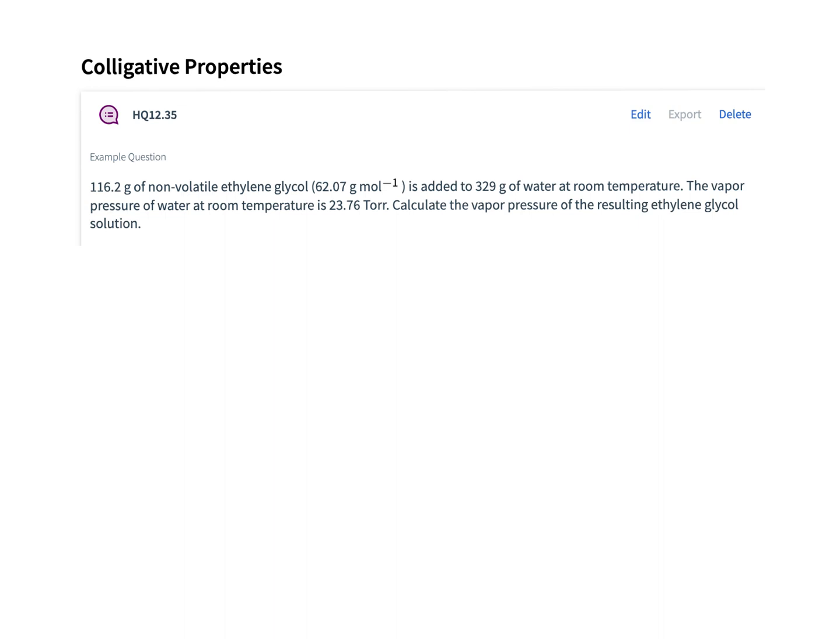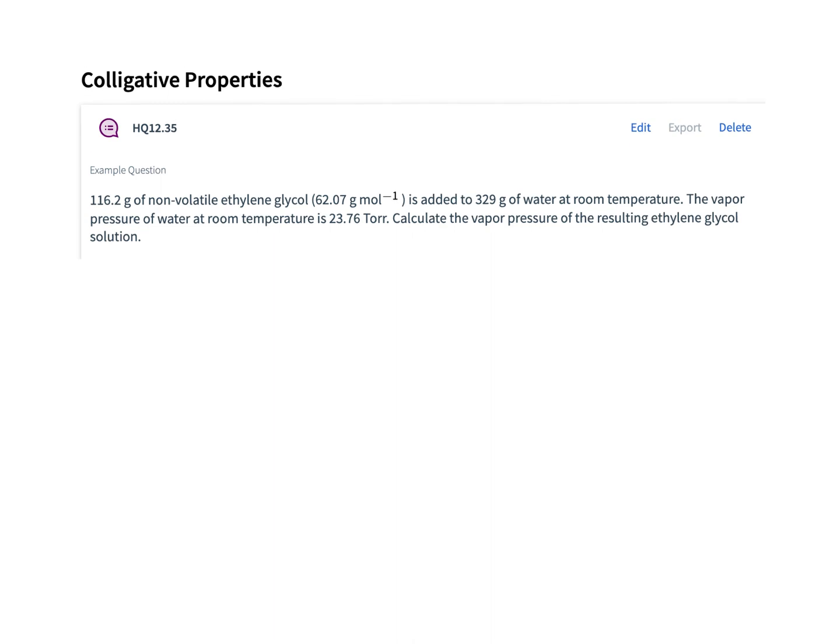That's the equation, and that is telling us that basically the partial pressure of our solution equals the mole fraction of our solvent times the partial pressure of our solvent. So we already know the partial pressure of our solvent, right?